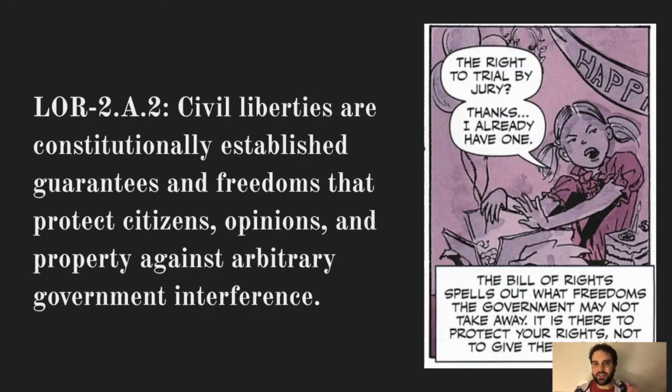Especially, you may recall, according to Locke and Rousseau and Jefferson and many American philosophers after them, these freedoms are not given to us by the government. They are inherently our freedoms, and the government cannot take them away based on the Bill of Rights.